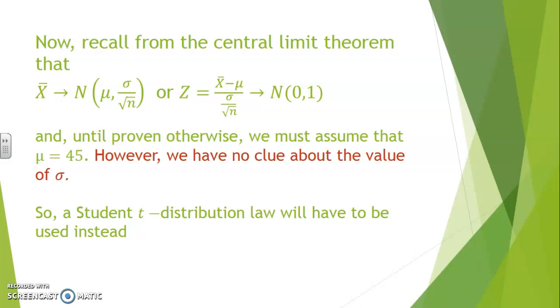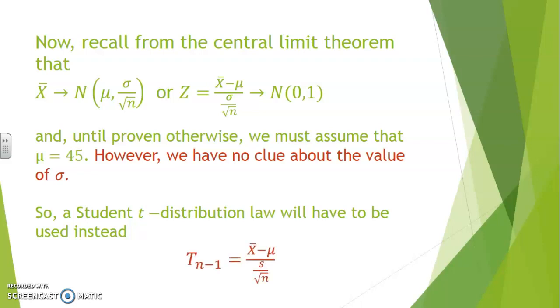Until proven otherwise, we assume that mu is 45 and that that number is accurate. However, we have no clue about the true value of sigma. So a student t distribution will have to be used instead of a standard normal law.